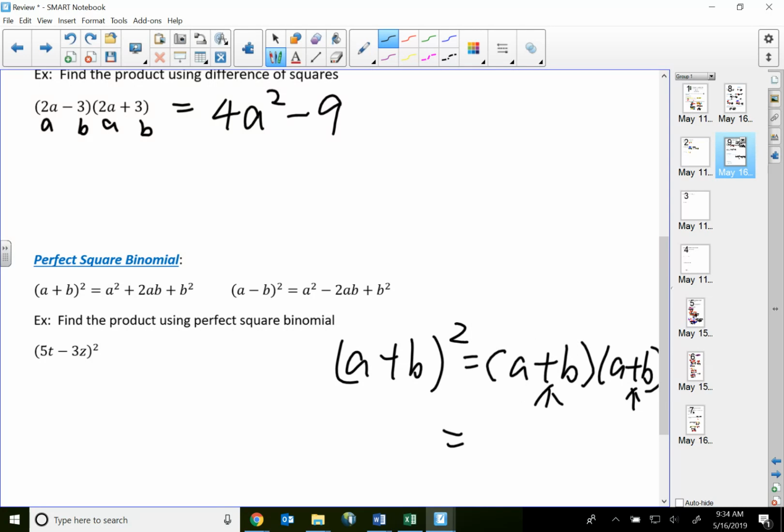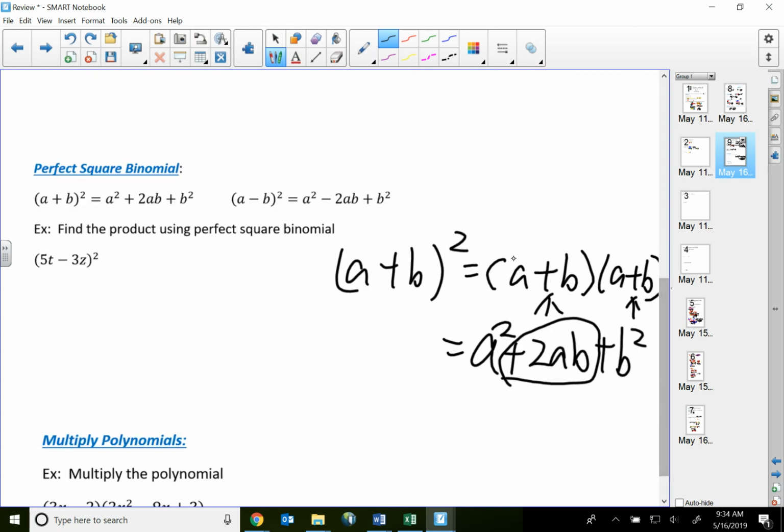So every time you fold it out, you will always recognize the pattern of the answer: a squared, plus 2 times a times b, plus b, whole thing squared. The middle term of your trinomial answer represents that when you fold it out, your inner and your outer are exactly the same.